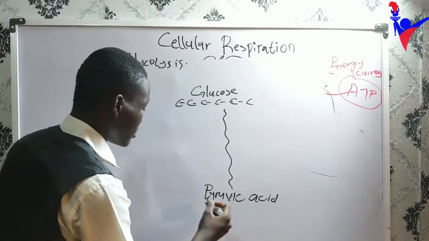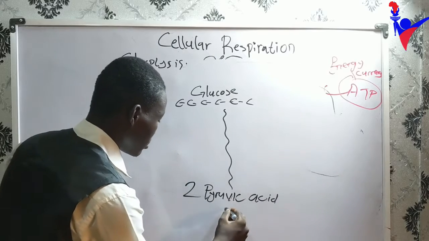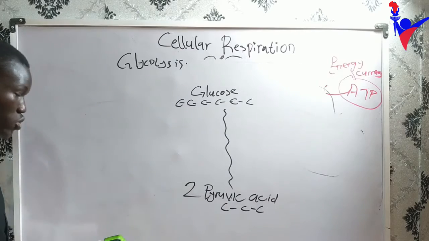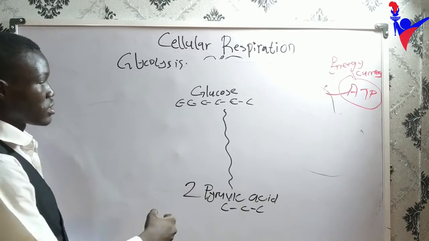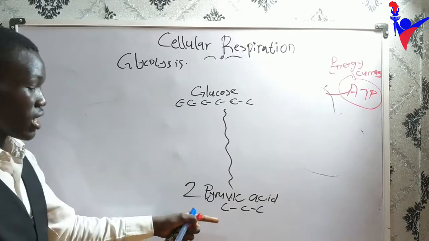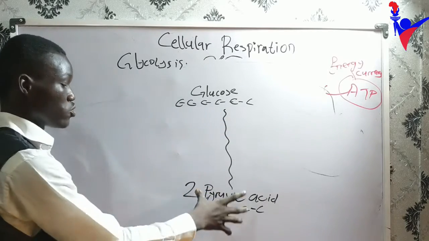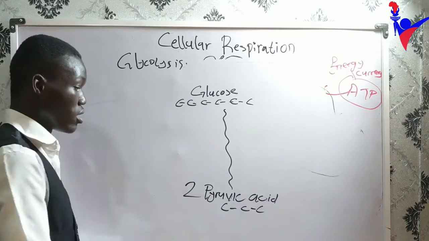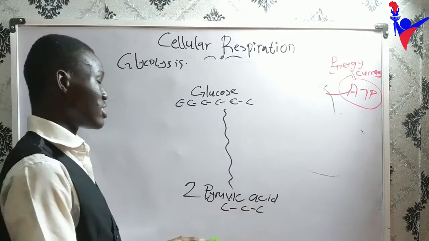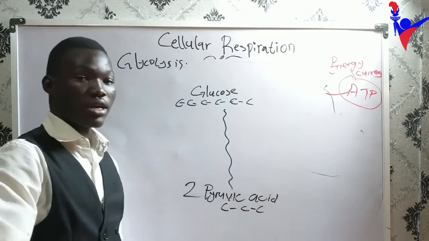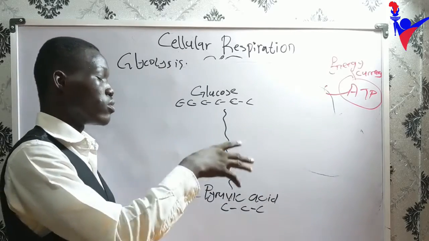Two molecules of pyruvic acid, each a 3 carbon molecule. So 1 molecule of glucose is broken down into 2 molecules of pyruvic acid, and it is enhanced by enzymes. It's an enzymatic reaction whereby at each step we use an enzyme to break down glucose.